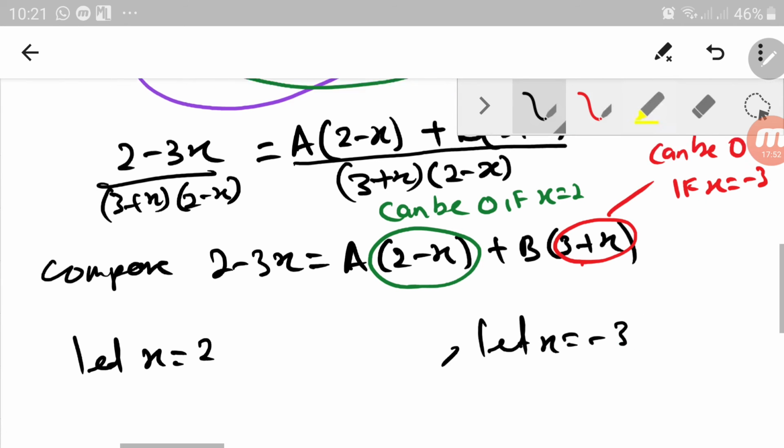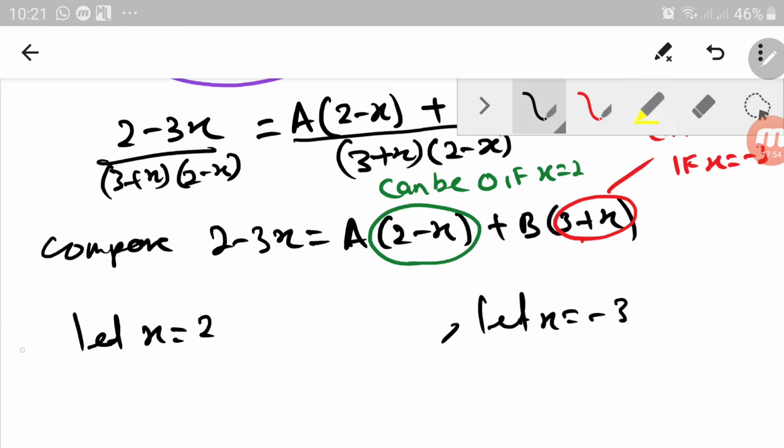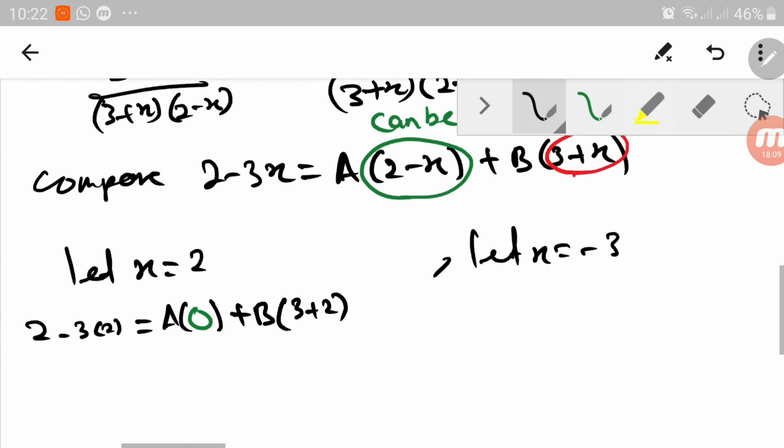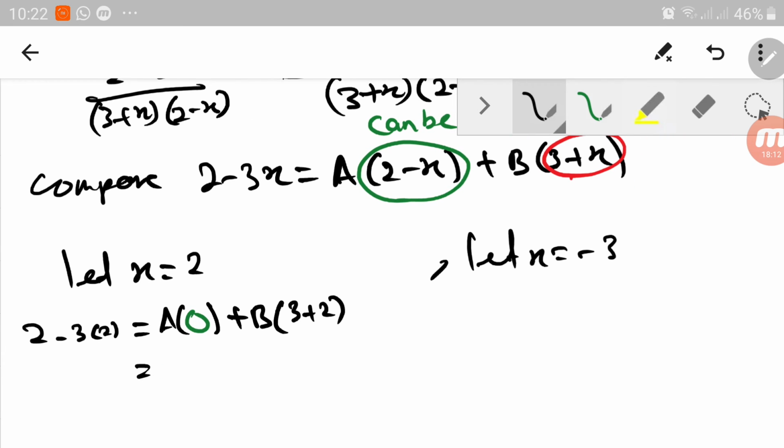When we let x equal to 2, 2 minus 3 times 2 equals, now this one is 0, A times 0, plus B times 3 plus 2. So what we have is 2 minus 6, minus 4. We have B times 5. B is minus 5 over 4. Wrong. Minus 4 over 5.